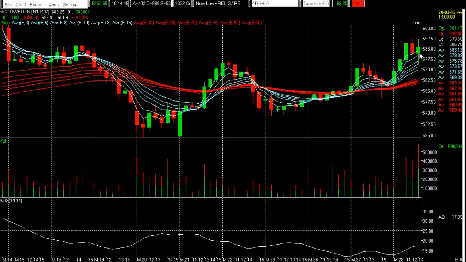Like in this example, this is the stock McDowell. I scrolled back to some previous days. The value of ADX here is 17.35, less than 25, and as you can see, the stock has been moving in a tight range.